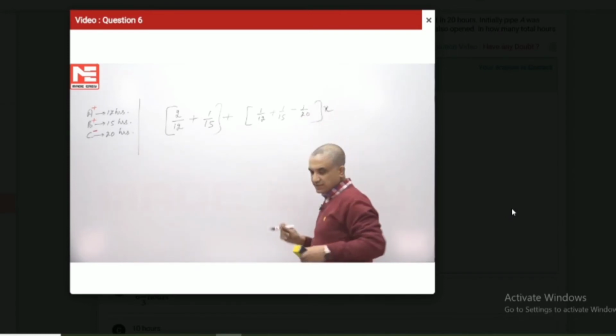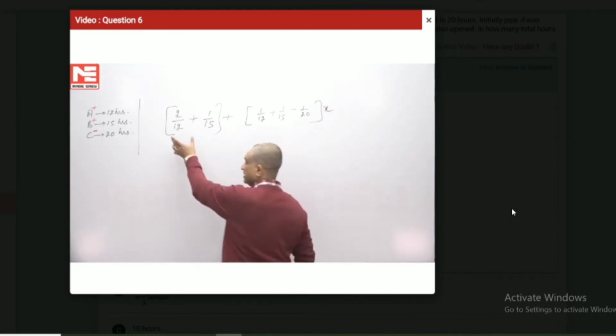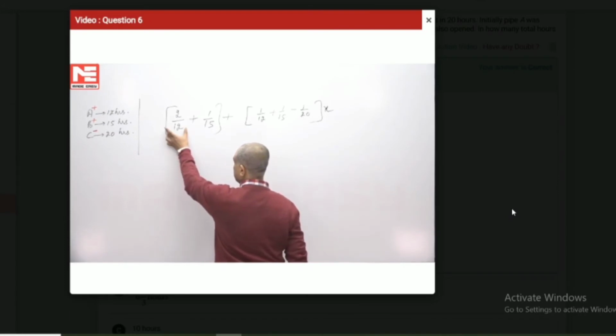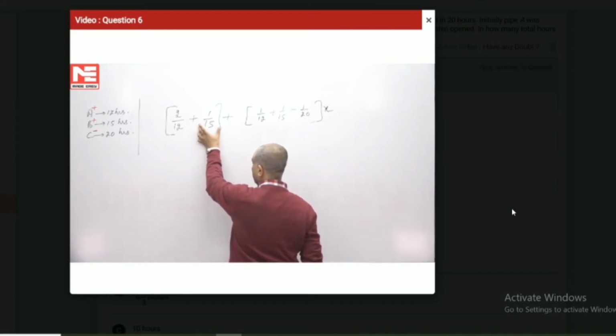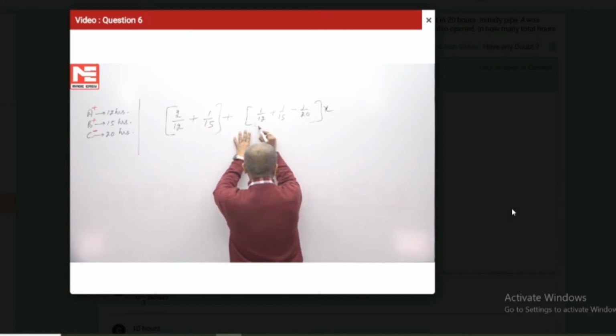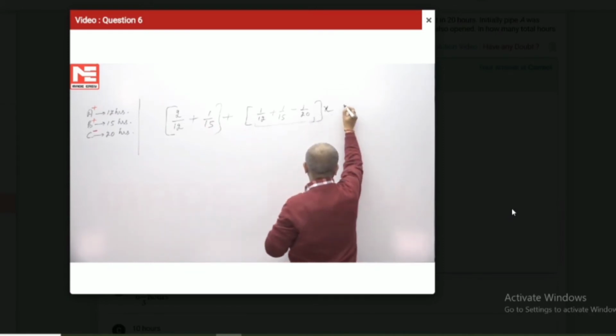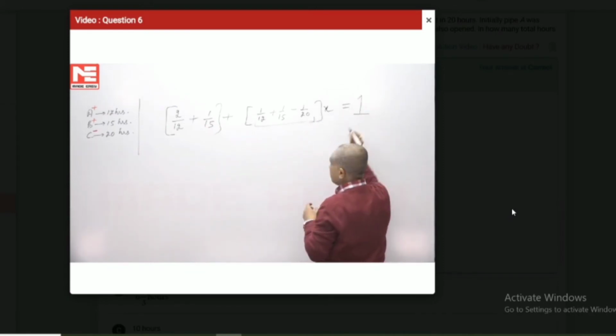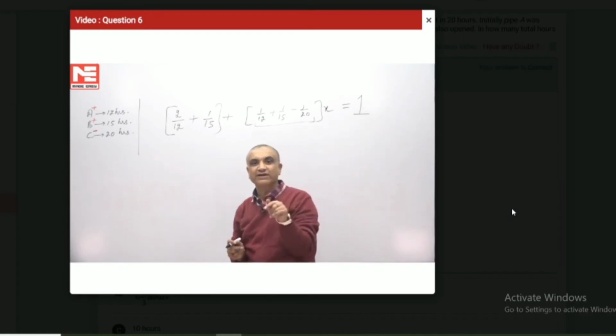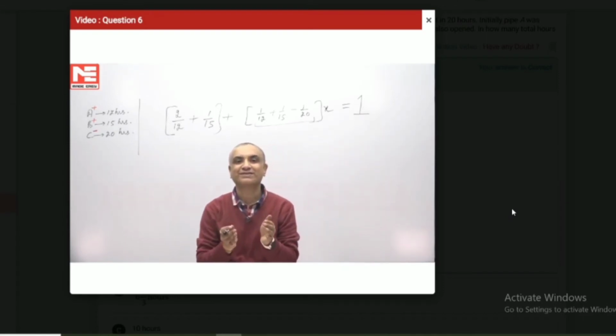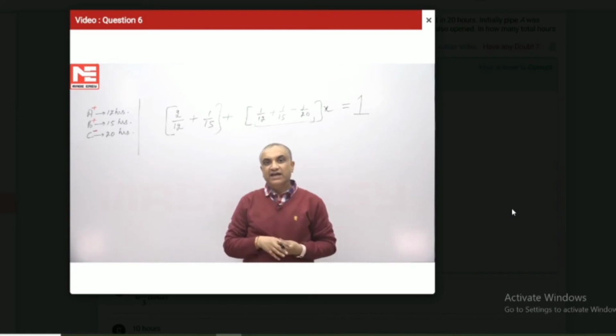And after these 2 hours, initially A was in operation for 2 hours, B was in operation for 1 hour, and then A, B, C, all three were in operation for X hours, and the tank is getting filled. Please make sure X hours is the time from where C started, right?